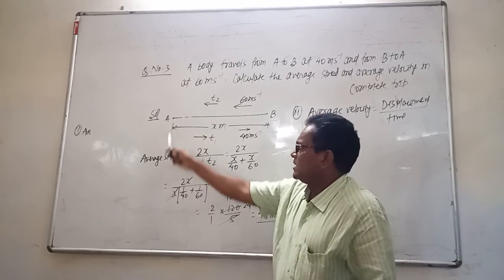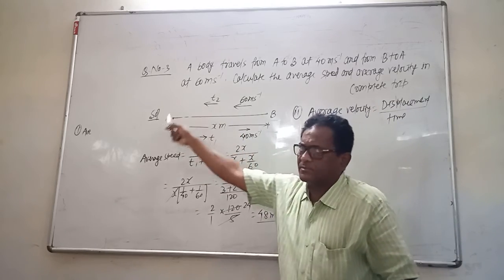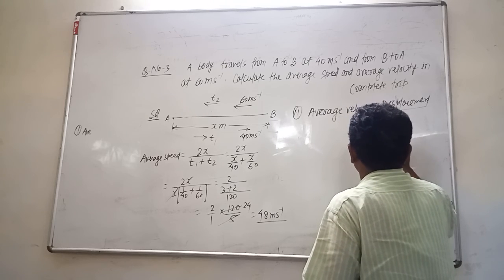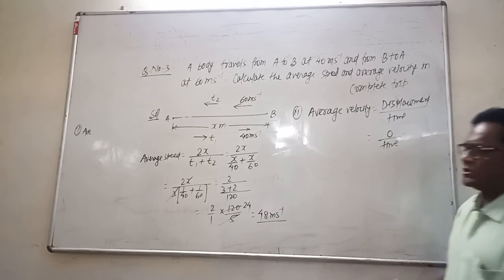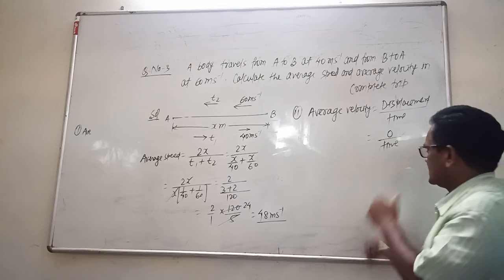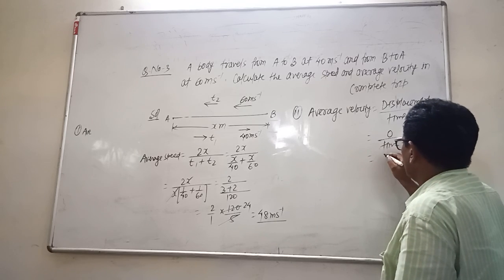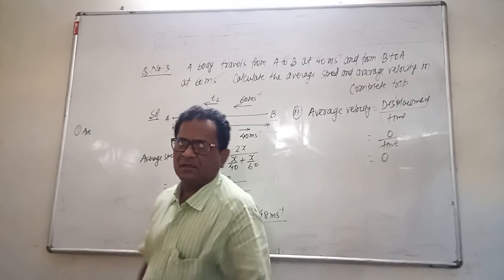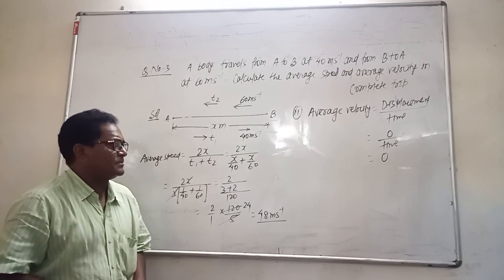Since it goes from A to B and returns back to A, in that case displacement becomes 0, because it returns back to the initial position, and 0 upon anything is 0. So the average velocity in this case becomes 0 meter per second.